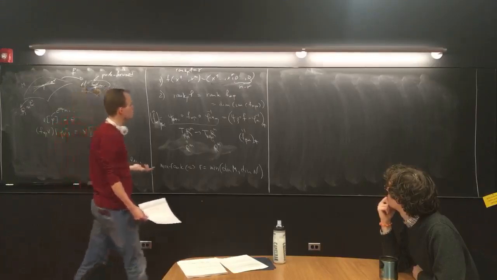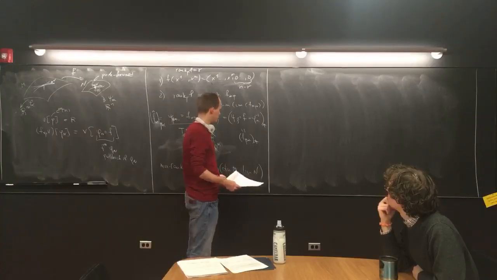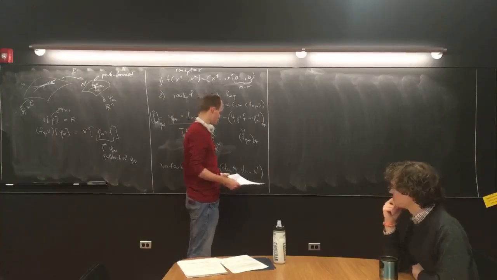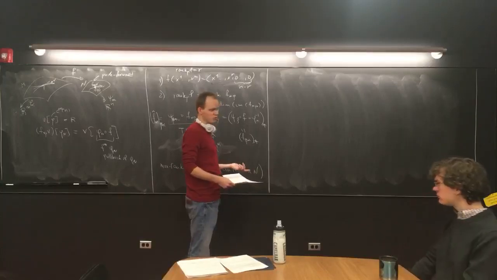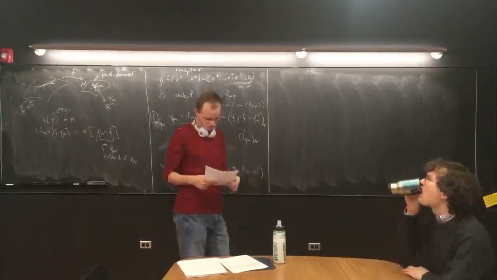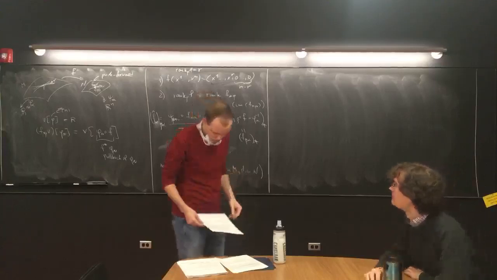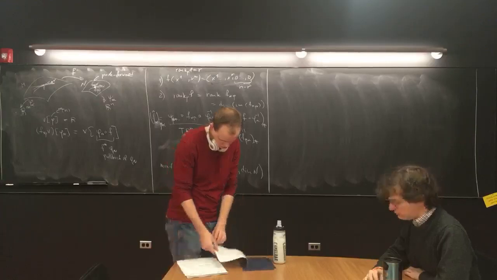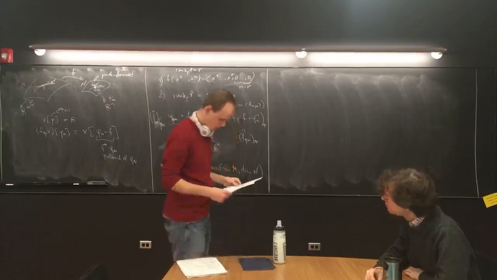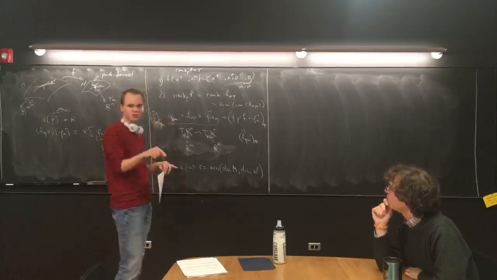And we also proved the global rank theorem, which is an important theorem that says that if a map is smooth and it has constant rank, and it's injective, then it's an immersion.